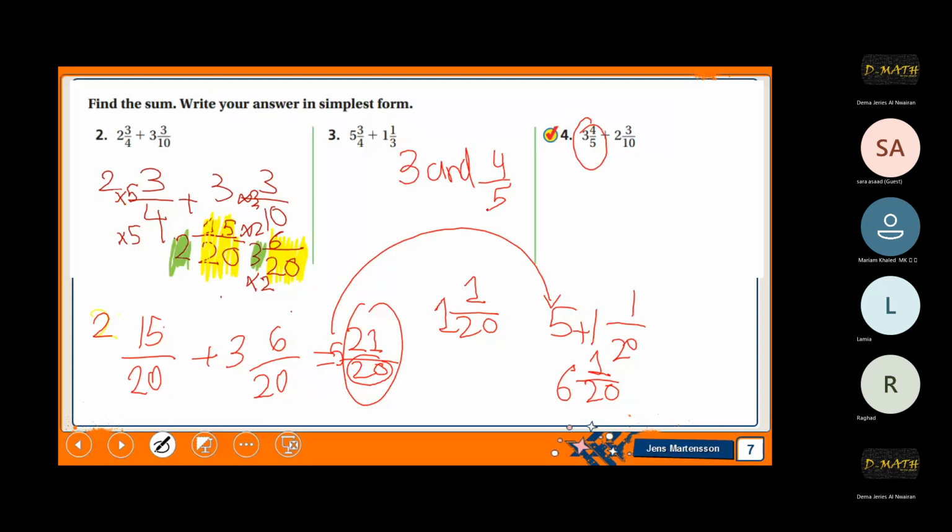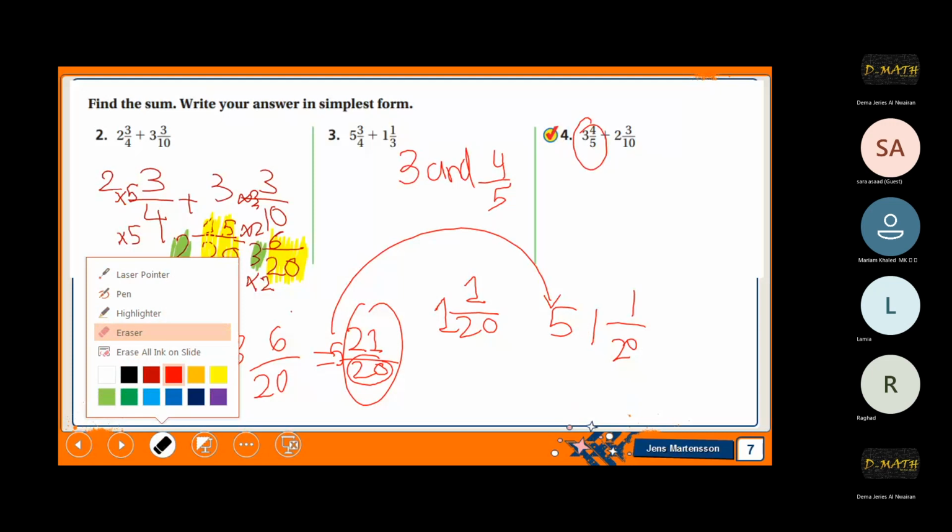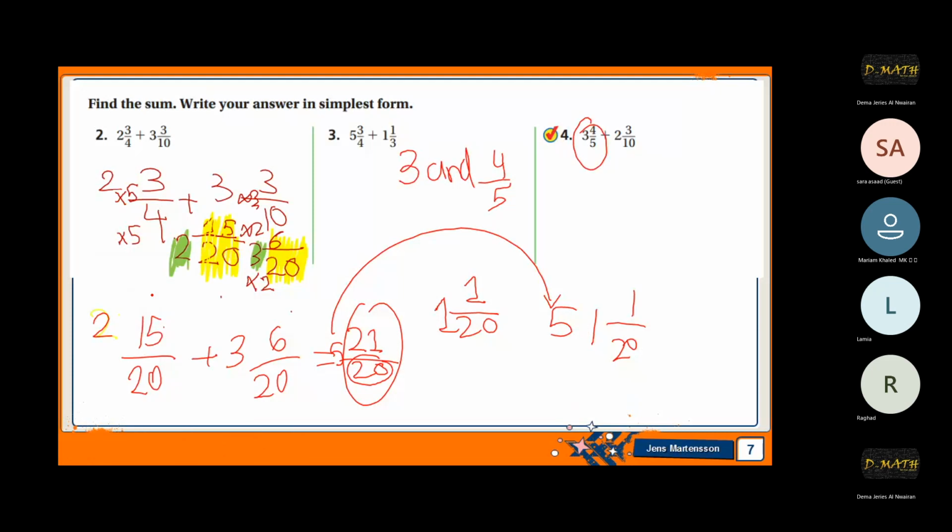So what do we have now? Here we have 5 and 1 and 1 over 20. So 5 and 1, I add it as 6, and then I will say 6 and 1 over 20. Is it clear now? I say 5 and, that's why I add.